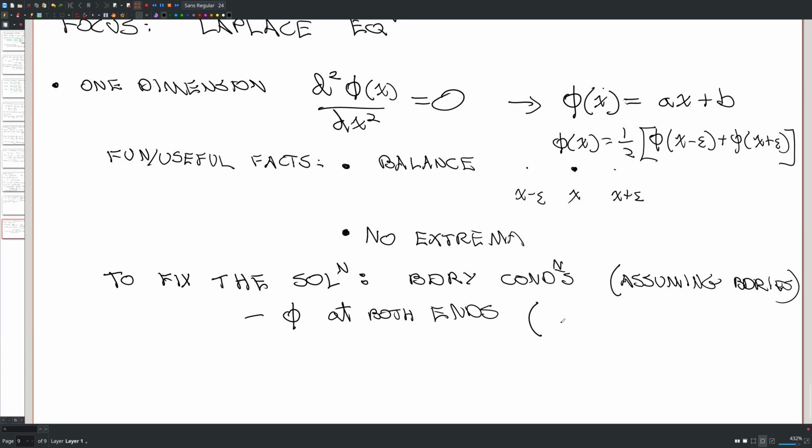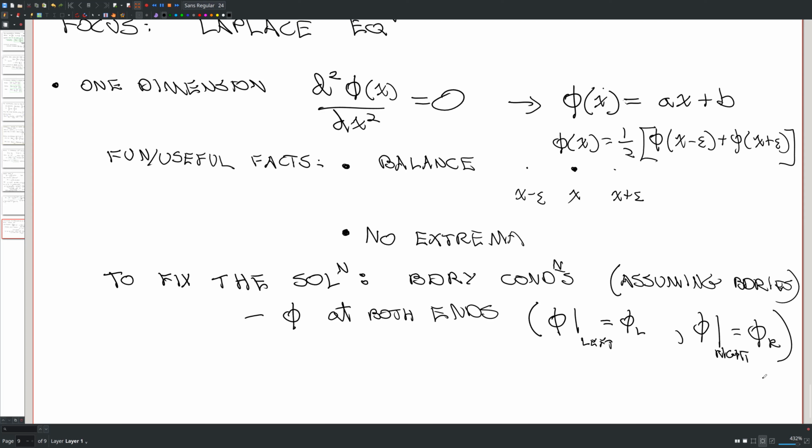So phi at left is equal to phi L, which is a constant, and phi at the right is equal to some other number phi R, numbers of your choosing, independent of each other.